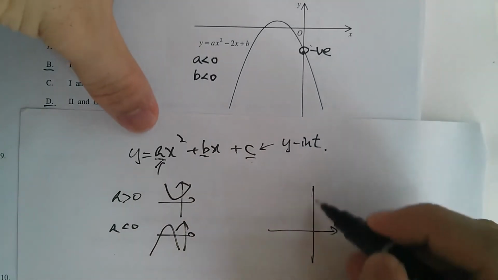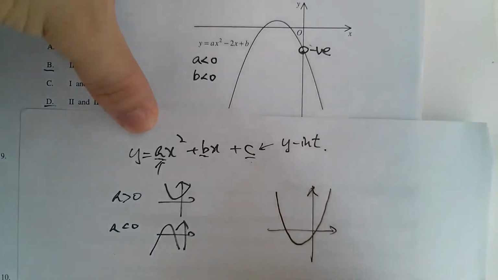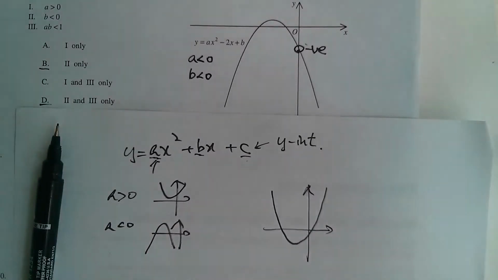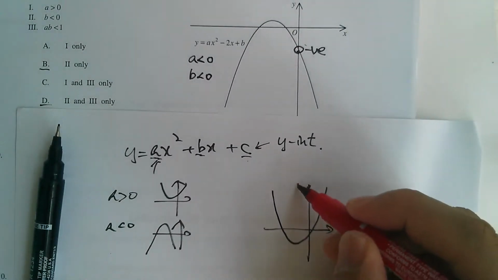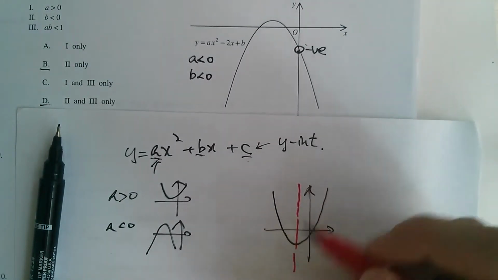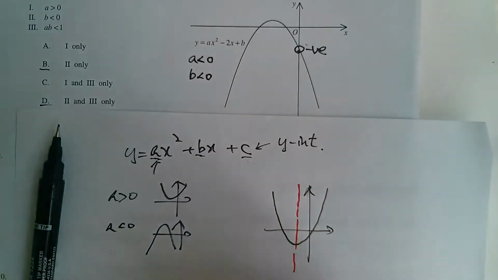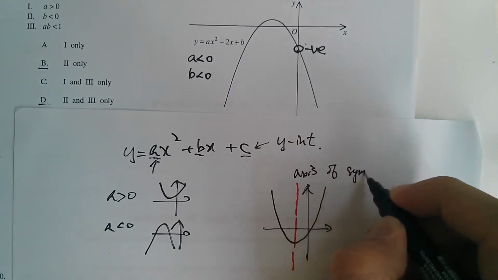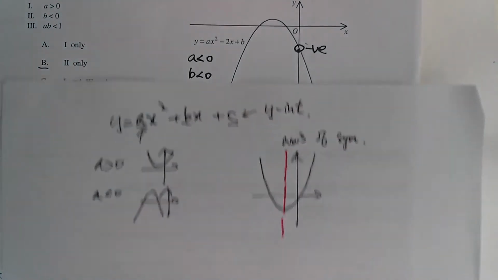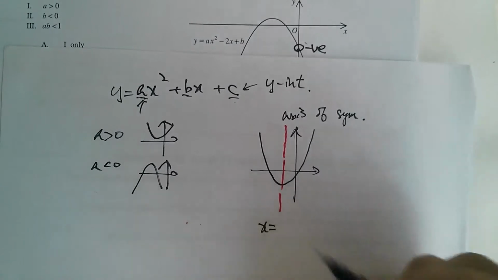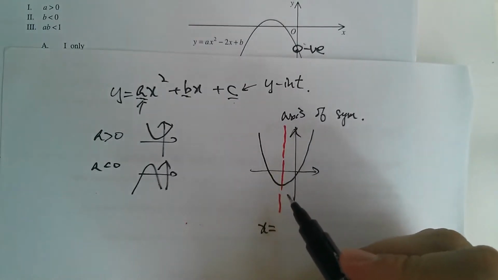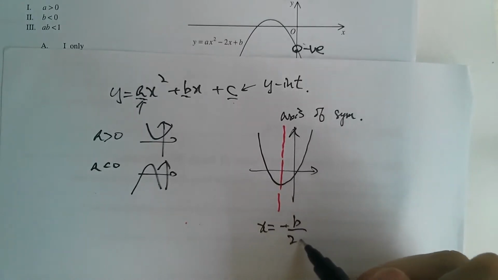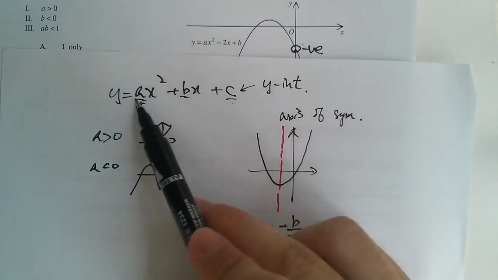If you're really good at this, you're gonna know that for a quadratic equation, the graph is symmetric about a line. That line is called the axis of symmetry. If you're good, you're gonna remember the formula for this axis of symmetry is negative b over 2a. This is b, this is a.